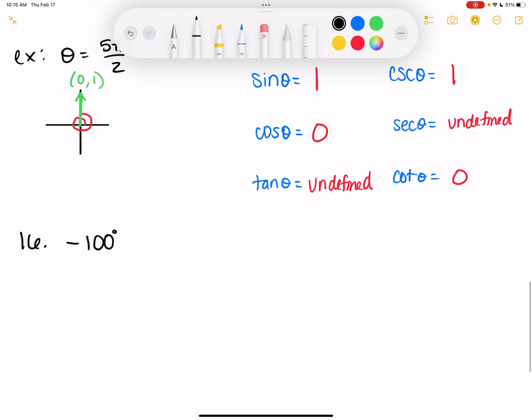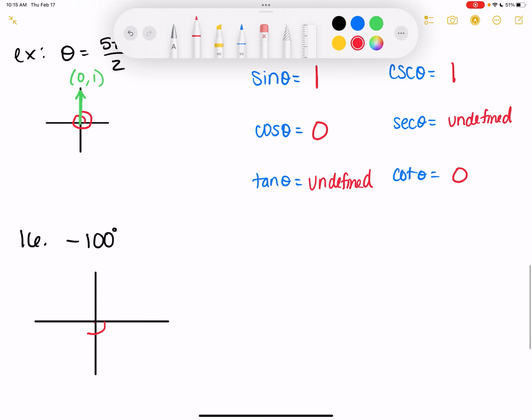So we're going to sketch it. Does sketch mean like guesstimate? Yes. So we know that from here to here is how much? 90. So I need to go a little bit farther. Okay, so this is the angle.